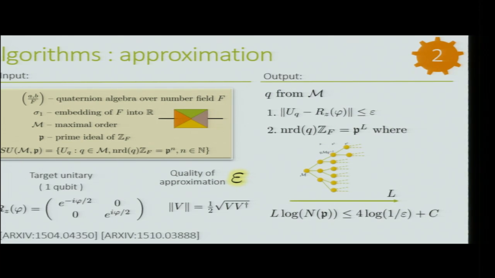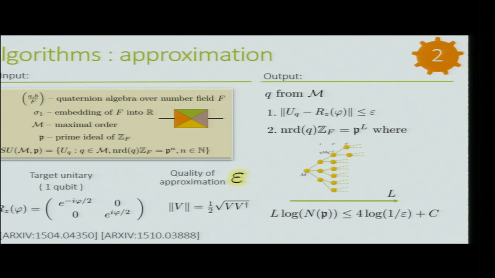We want to find a quaternion from M such that this distance is small, and that its length is bounded by L, the target length of the quaternion. As we saw previously, this L defines the length of the word we need. In a simple case, it's precisely the length of the word. In a more complicated case, the length is a function of it.